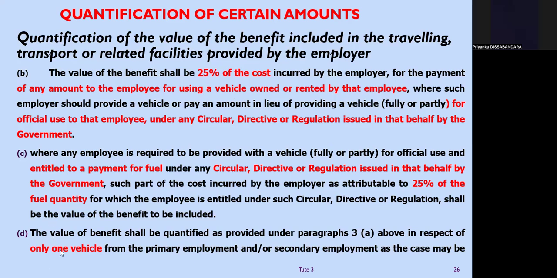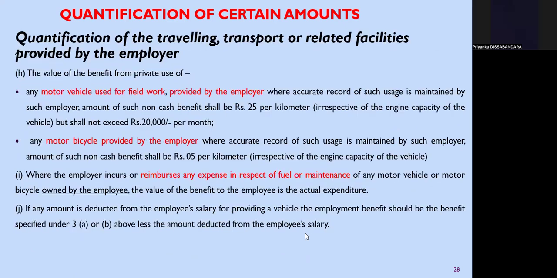And the next condition is this benefit is applicable only for one vehicle. If a person has been given more than one vehicle, this concession is applicable only for one vehicle. If we receive more than one vehicle, market value should be considered for the purpose of ascertaining the employment income.